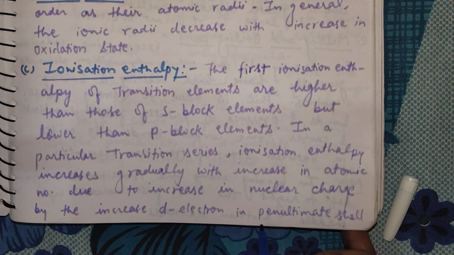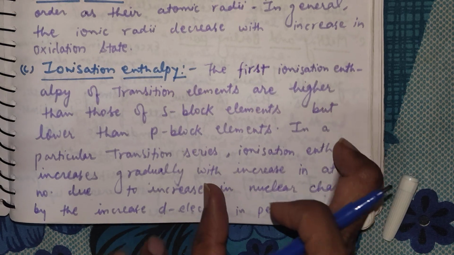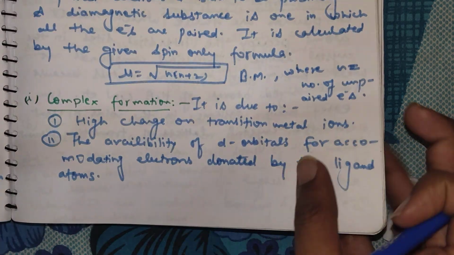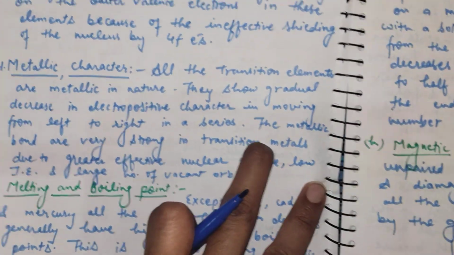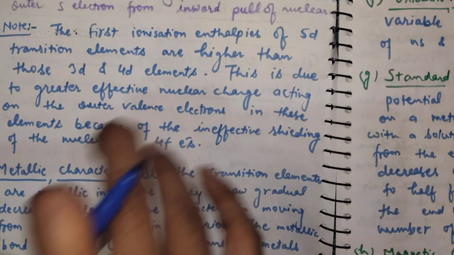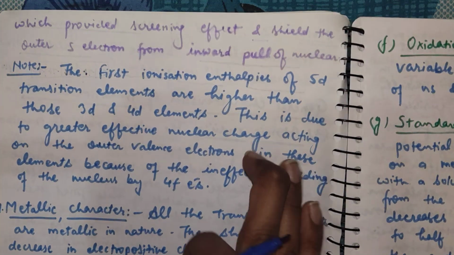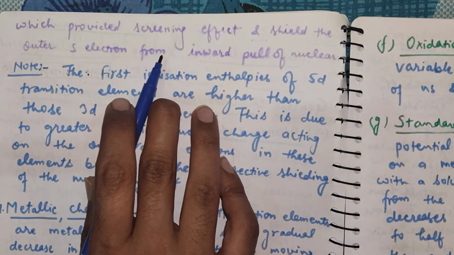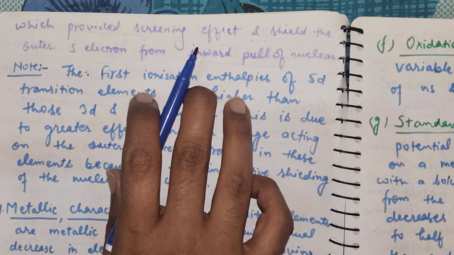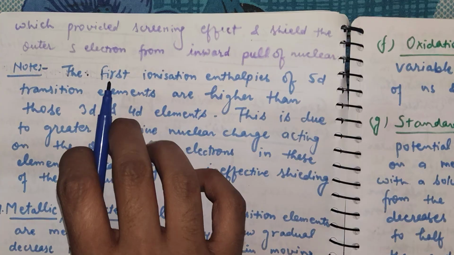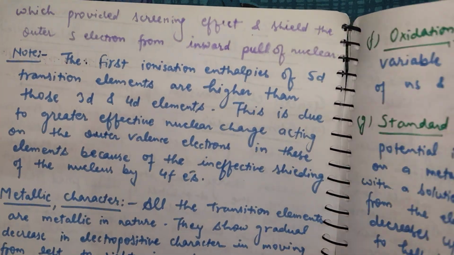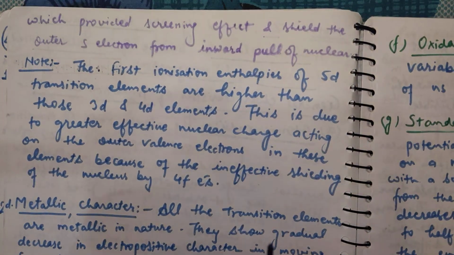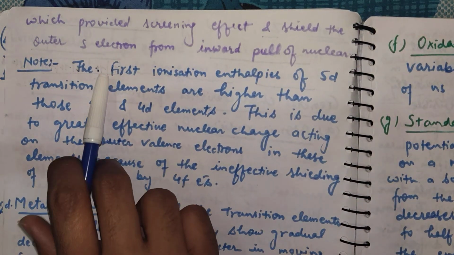By the increasing of d electrons in the penultimate shell, which provide a screening effect and shield the outer s electron from the inward pull of nuclear charge. Means screening effect is the effect which counterbalances the pull on the outermost electrons, just like this.